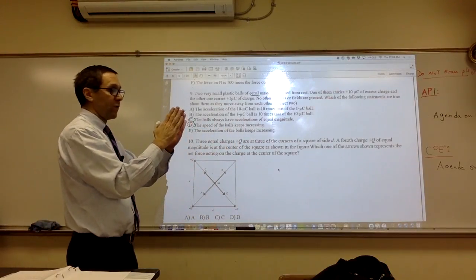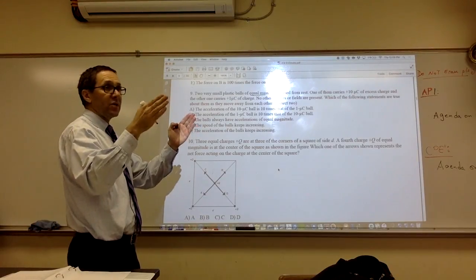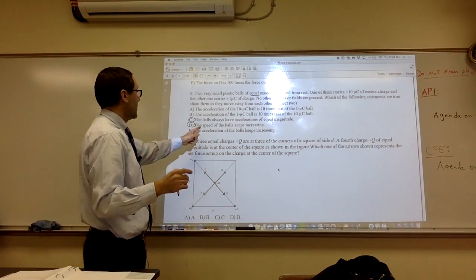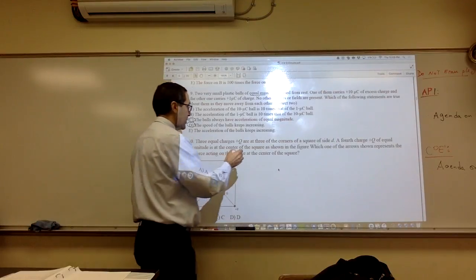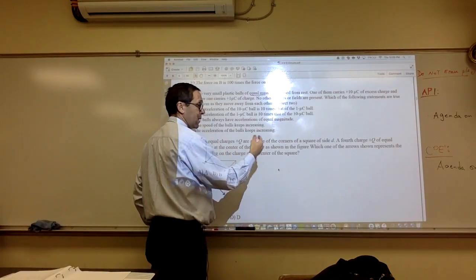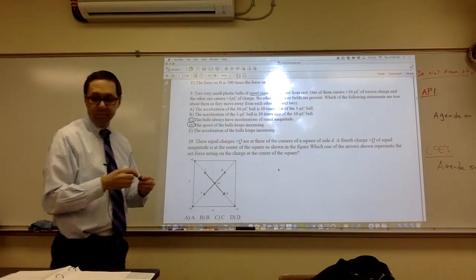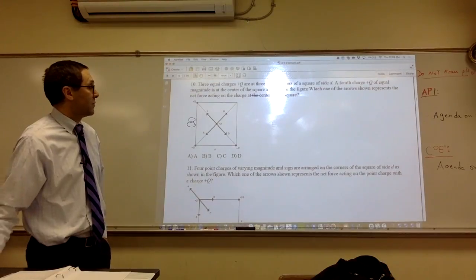Now, as they go further apart, the force is less, which means the acceleration is less, but there's still an acceleration. They're still speeding up. It's just at a lower rate. I hope you understand that. So when they're closer together, they're speeding up faster than when they are further apart. But they're still speeding up. I mean, the rate at which they pick up speed is less.